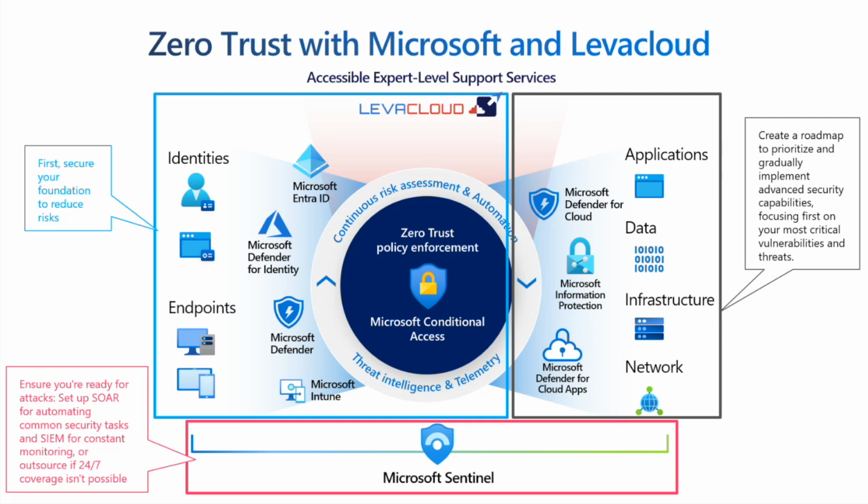And then, once you've got that foundation and that initial visibility in place, that's where you can start building out the roadmap and following the runbooks to get all these extended capabilities in place. Because Microsoft Zero Trust is a journey, it's not something that you can just turn on overnight. And that's something that we, through our own expert support services, work with nonprofit customers to get in place and go on that journey with them and help them develop that roadmap.